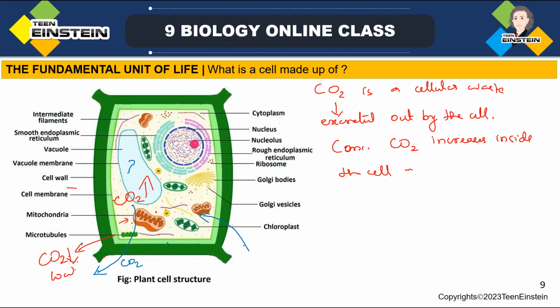When the level of oxygen inside the cell is decreasing, the oxygen concentration will be low, because oxygen gets utilized while doing all the cellular processes. So at that time oxygen concentration will reduce.